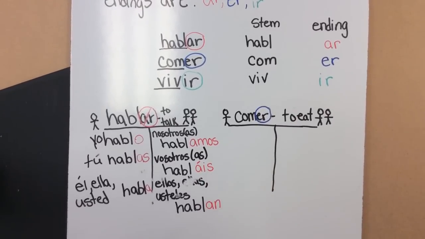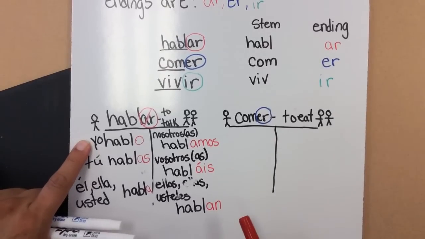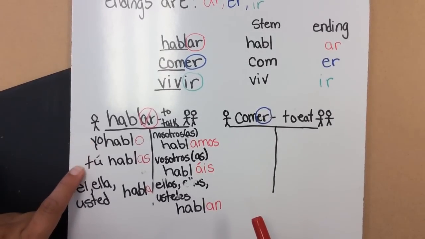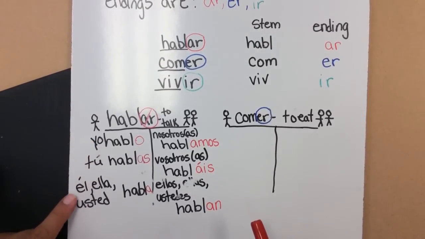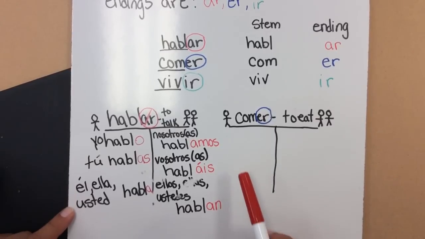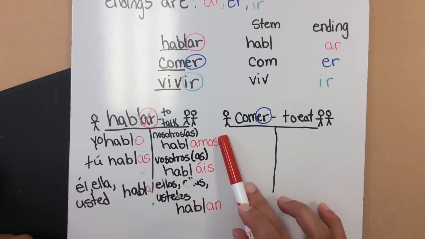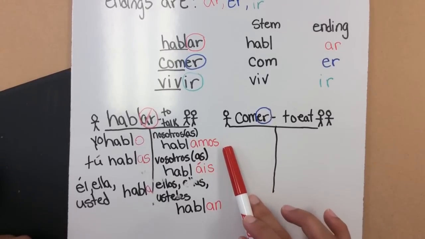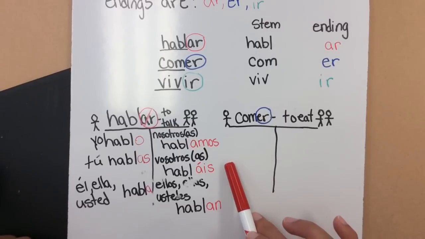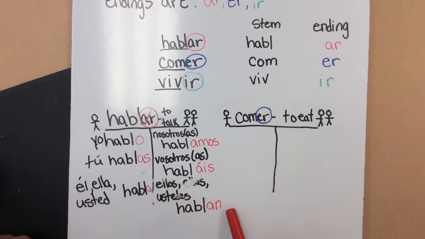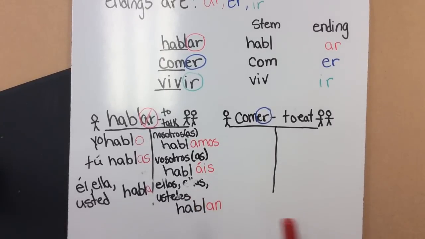So, as we look, it would be yo hablo, tú hablas, él habla, ella habla, usted habla, nosotros or nosotras hablamos, vosotros or vosotras habláis, ellos hablan, ellas hablan, ustedes hablan.